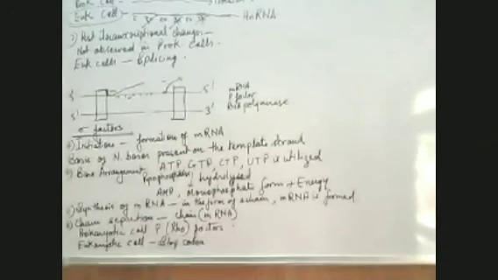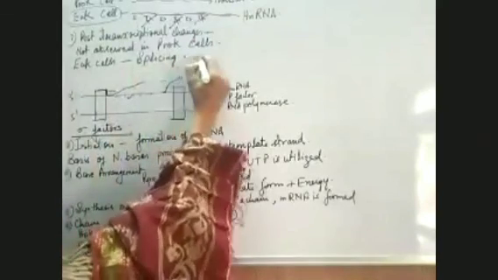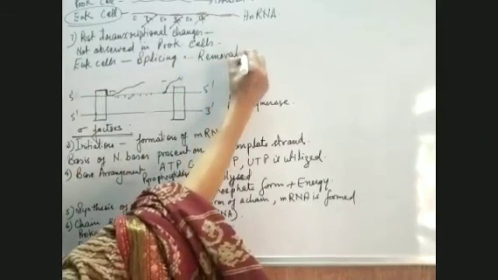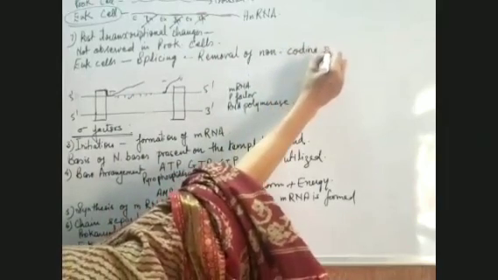And what is this splicing? Splicing is removal of these introns which are non-coding sequences. Removal of non-coding sequences.